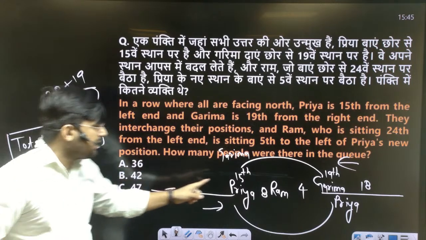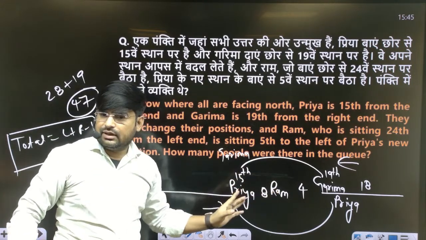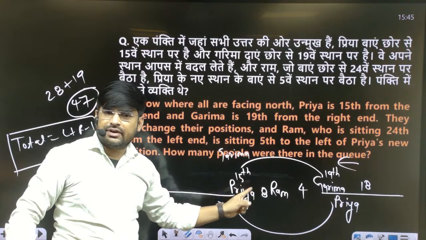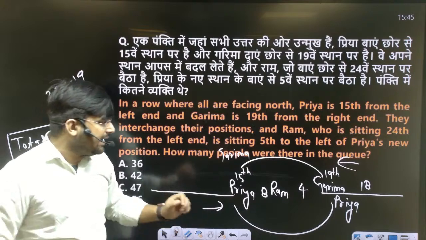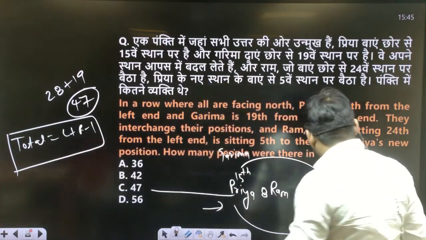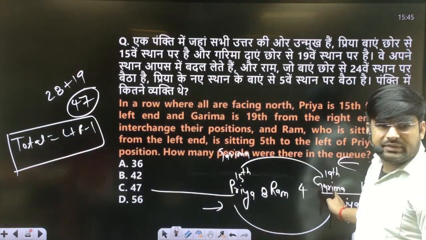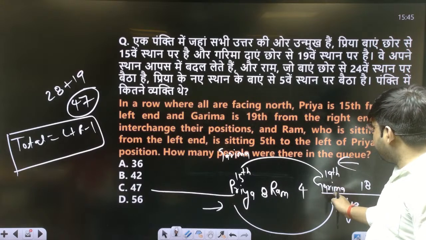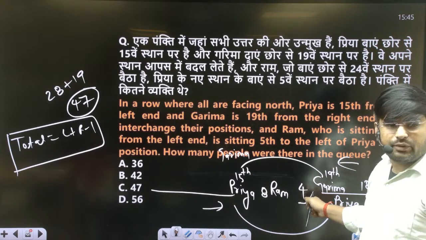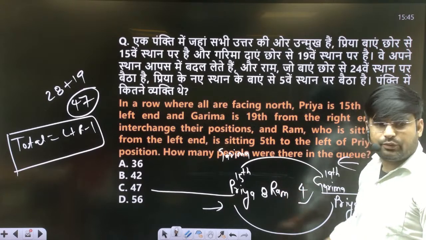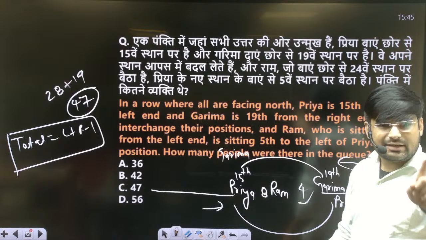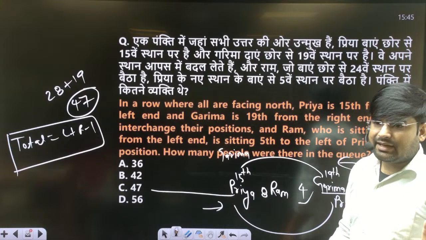So what is Ram's rank from the left? It's 24. And if you count from the right side, Garima is 19th from the right. After 19th, it's 4. 19 plus 4 is 23, and 23 plus 1 is 24. So Ram's rank from the right side is also 24. Is it clear?